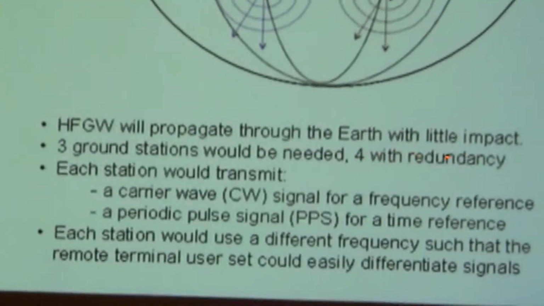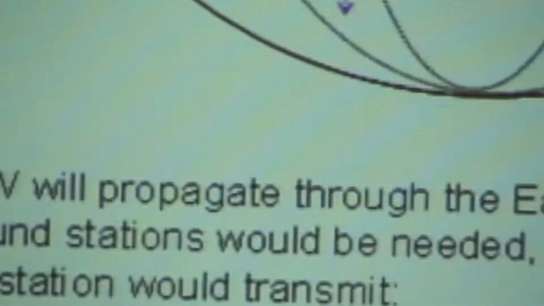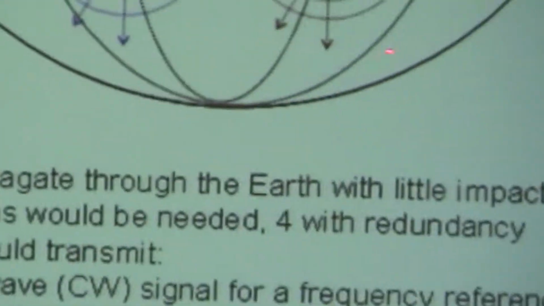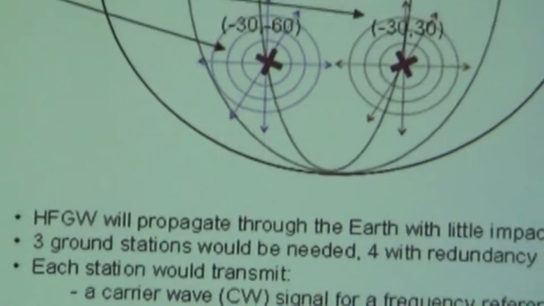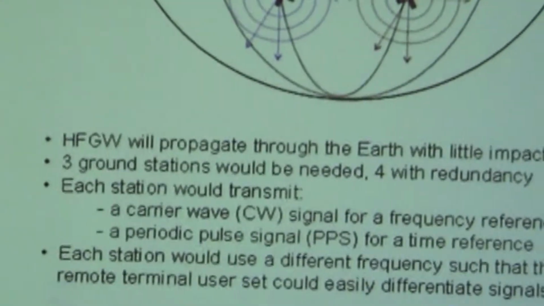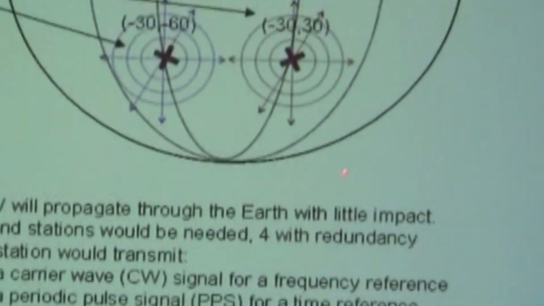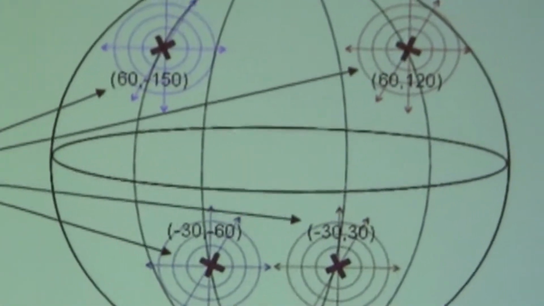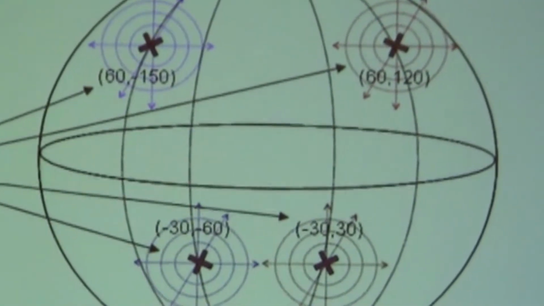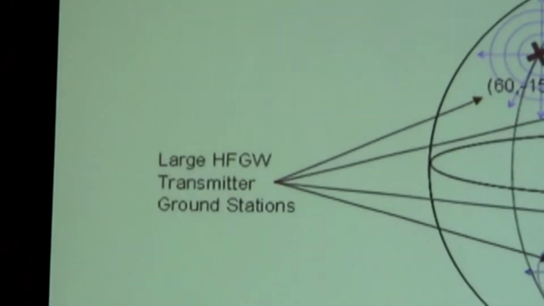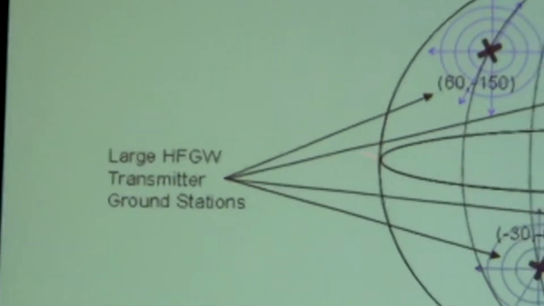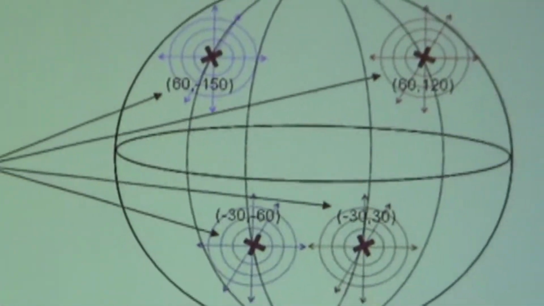They would propagate through the Earth with little or no impact, and so the location of these wouldn't be especially important so long as they're as spread out as possible on Earth. And the more spread out they are, the more easily you're able to triangulate to the location of the remote terminal.